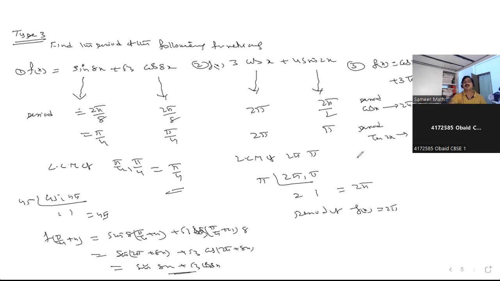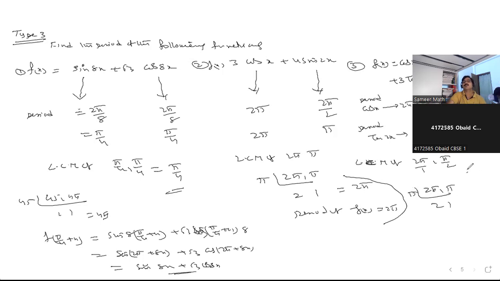Now here I want to tell you the new technique. LCM of what? 2 pi and pi by 2. You do one thing here like this. LCM of pi and 2 pi you take down. GCD of denominator you take down. 1 and 2, GCD is what? 1. LCM of 2 pi and pi is what? LCM is 2 and 1.